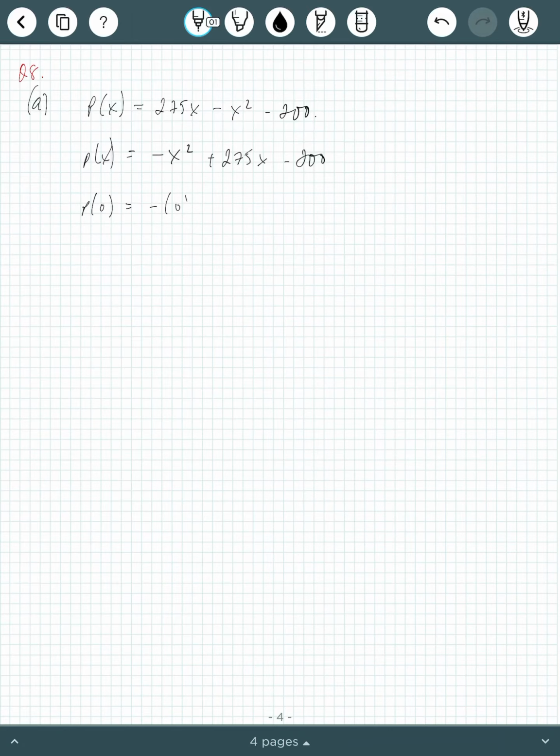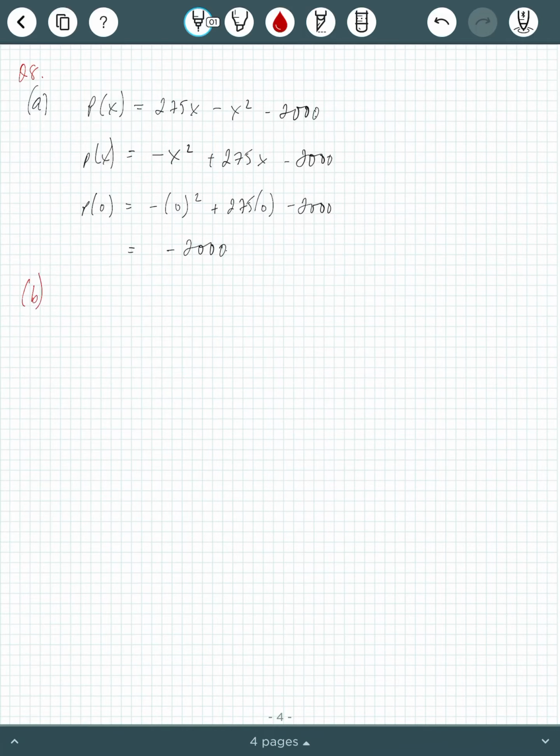It's minus 0 squared plus 275 times 0 minus 2000. Well, minus 0 squared is 0, and 275 times 0 is 0. So your answer is they will lose 2000 euro. Sorry, that's the 2000 in the question. Moving on to part B.